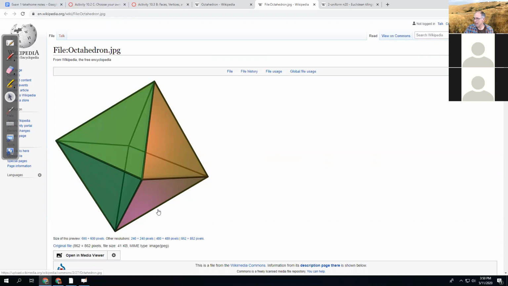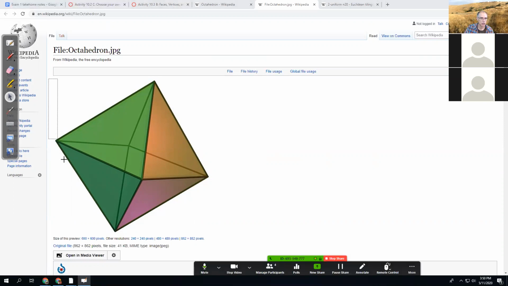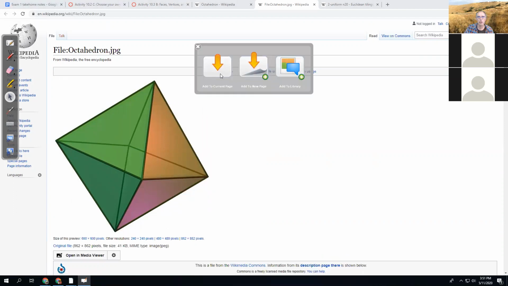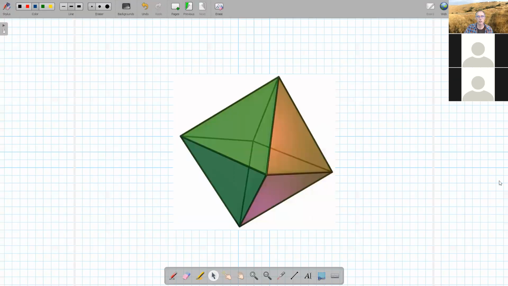How about edges? I think double. Okay, so I'm going to copy this so I can draw on it. All right, let's go to a new page. So let me see. Edges. So it had 8 faces. Edges.